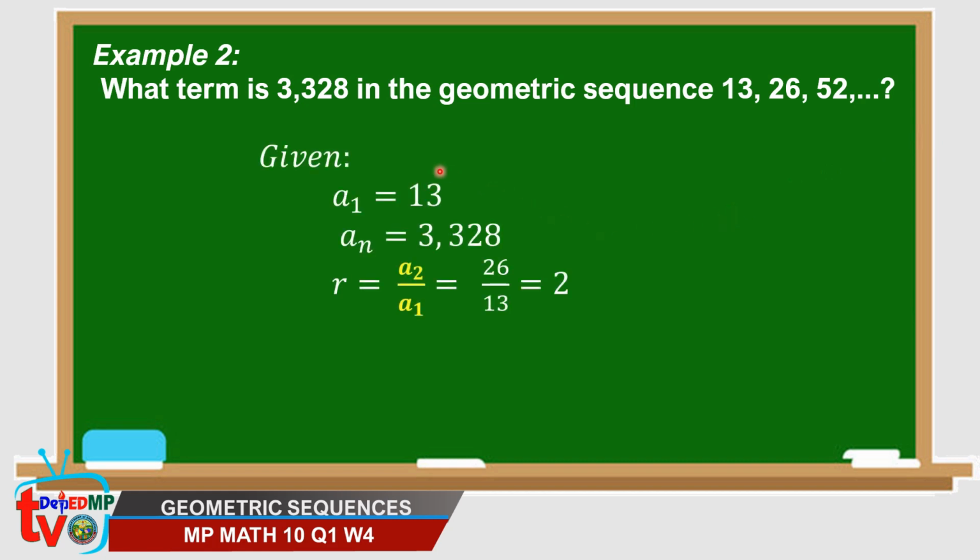Let us identify the given values. a sub 1 is 13. a sub n, or the last term, is 3328. r is equal to 2, since it is the value of dividing 26 by 13. The problem indicates that we are going to look for the position or order of 3328 in the given sequence. This order or placement is represented by n.